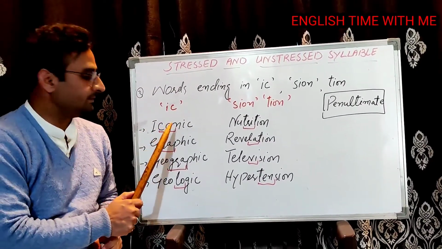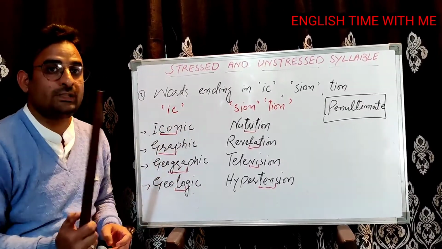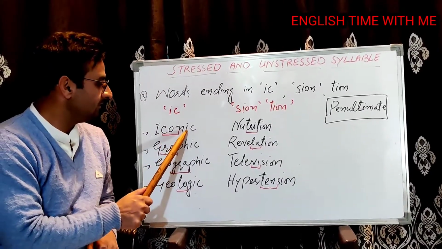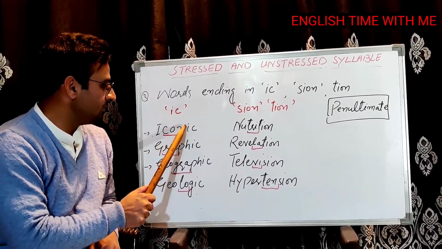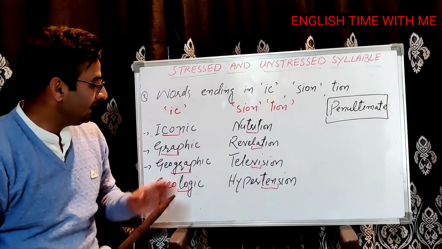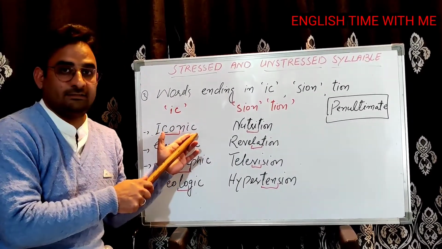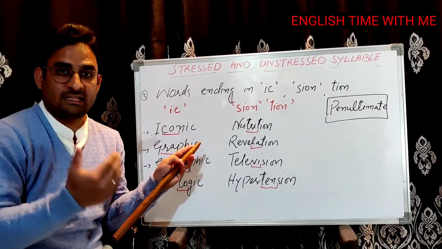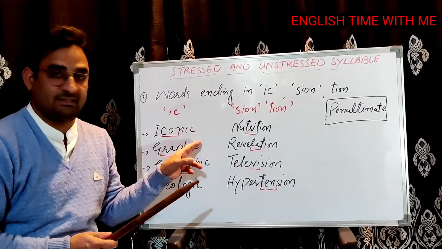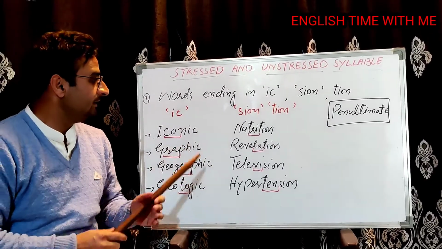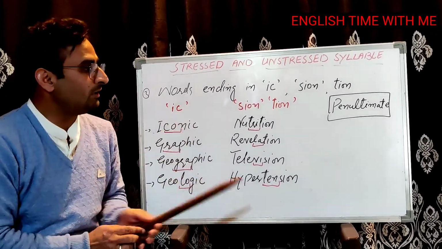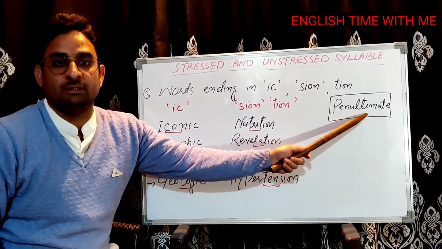Now, ending in I-C. Here is a word, iconic. There are three syllables: i-co-nic, one, two, and three. The word is ending in IC. In such a case, when the word is ending in IC and it is a multi-syllable word, the stress is put on the penultimate syllable.